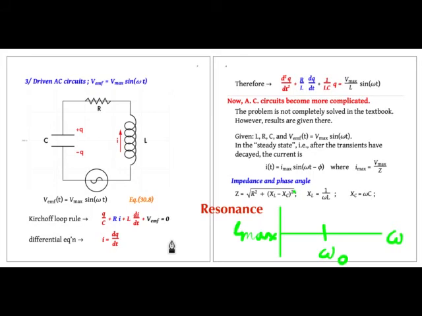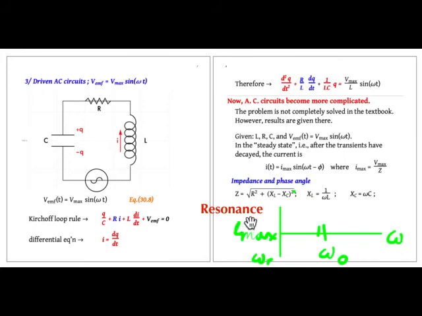That's the natural frequency if the resistance is negligible. The natural frequency if there's resistance is a little bit less. That's what I called omega with resistance. But if the resistance is small, these are close together.